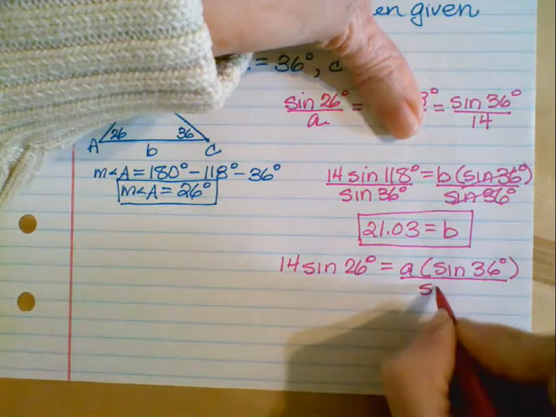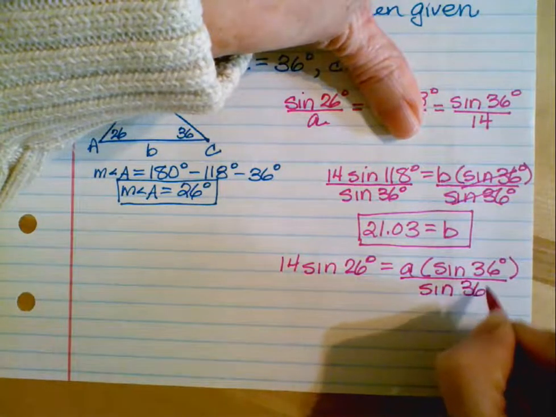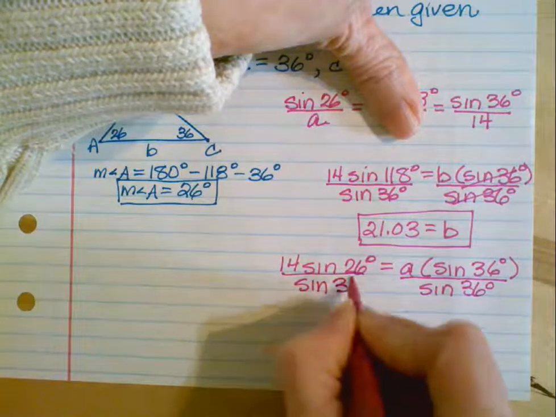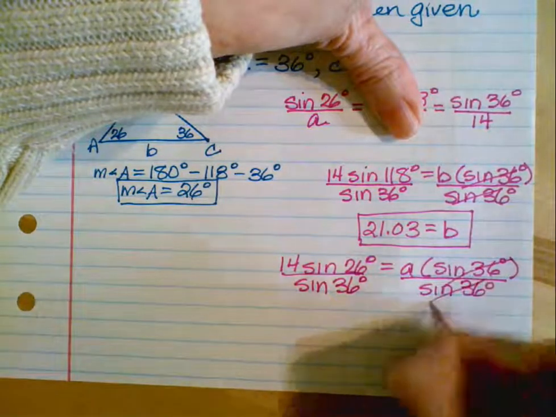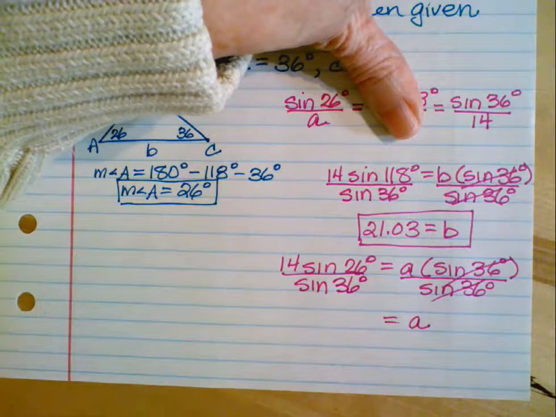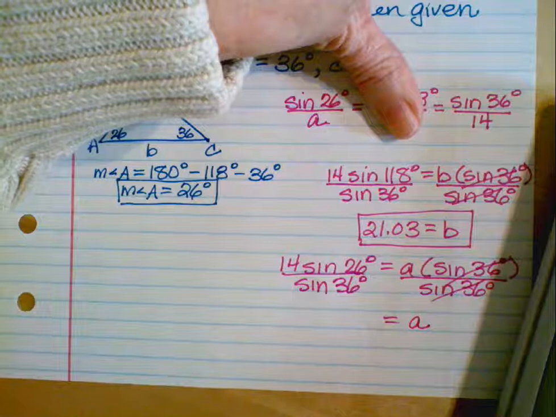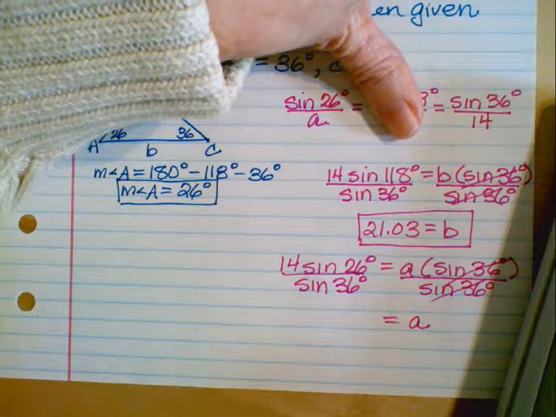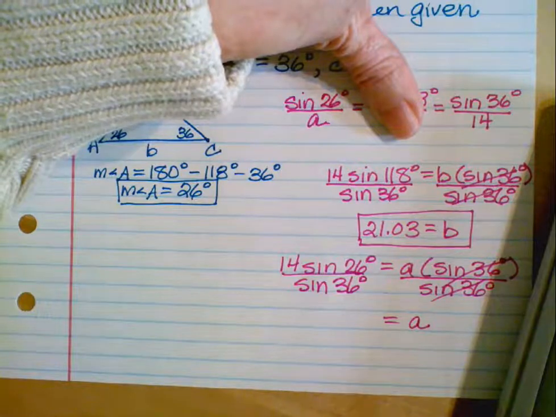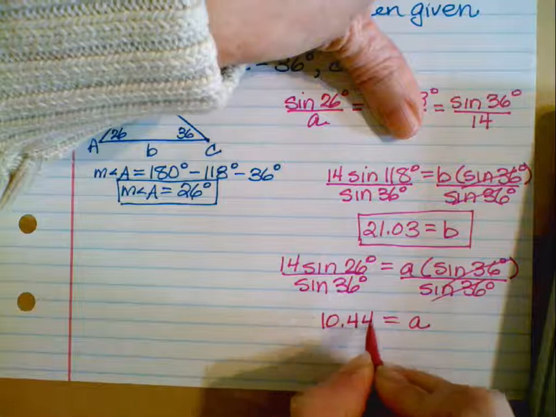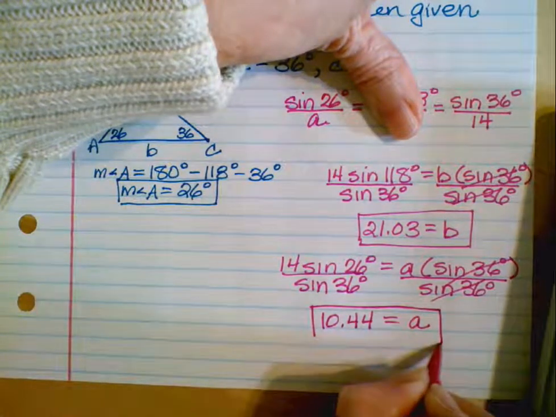So here we divide by the sine of 36 degrees on both the left and the right, and we'll determine from that that the length of side A is whatever this quotient results in. So there we'd have 14 times the sine of 26 divided by the sine of 36, and then we get a value of 10.44 for the length of that segment A.